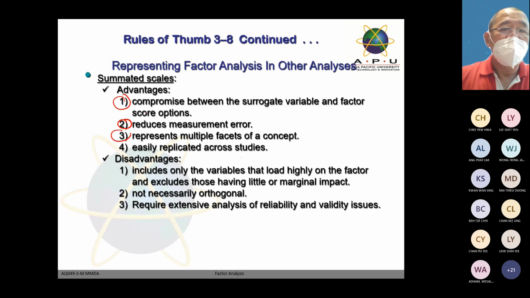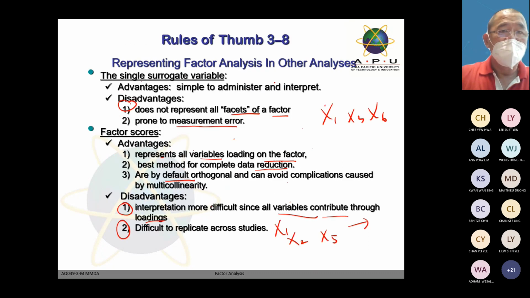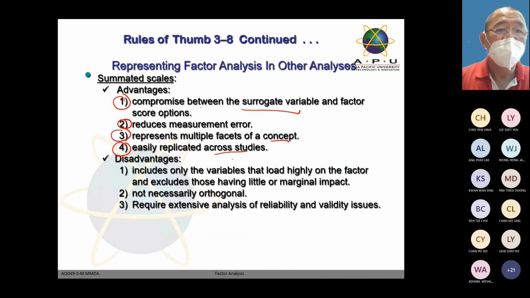It represents the multiple facets of a concept, because here we still consider a few variables to represent one factor. It is also easily replicated across studies compared to the factor score. The factor score must see the outcome, but for this one no need.